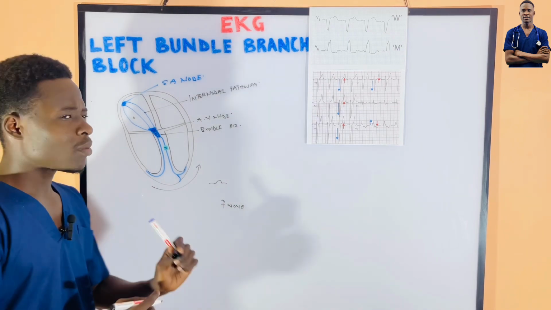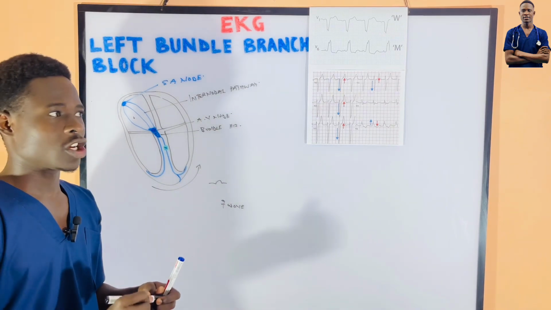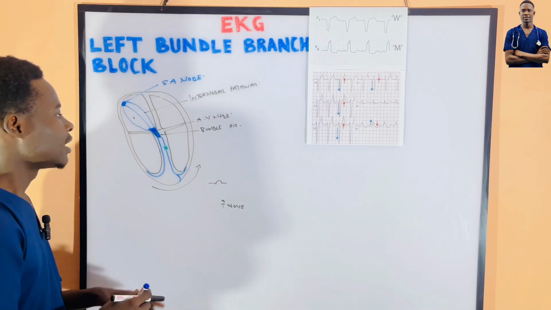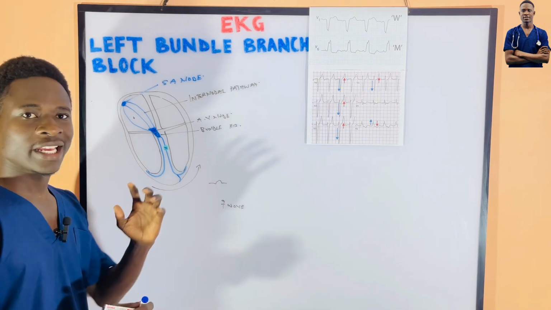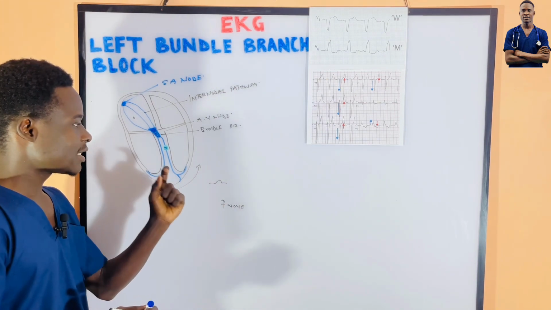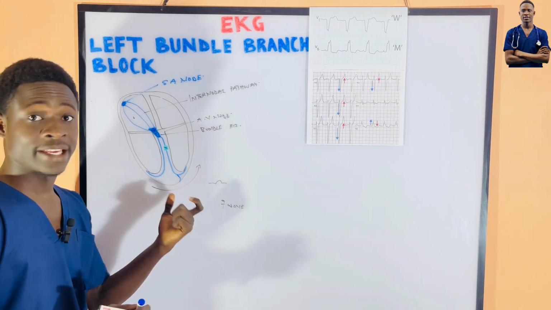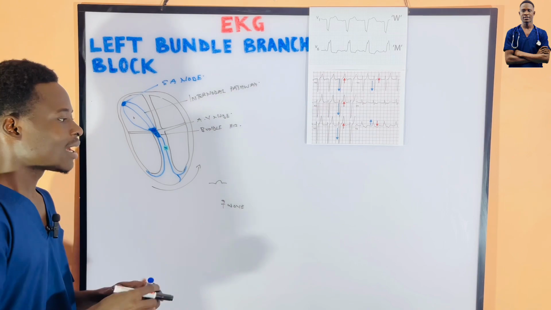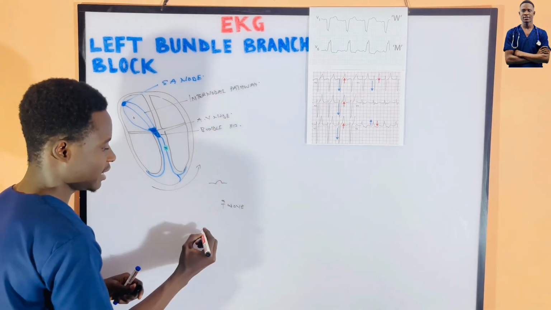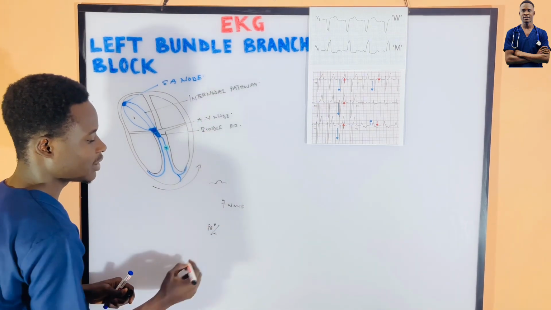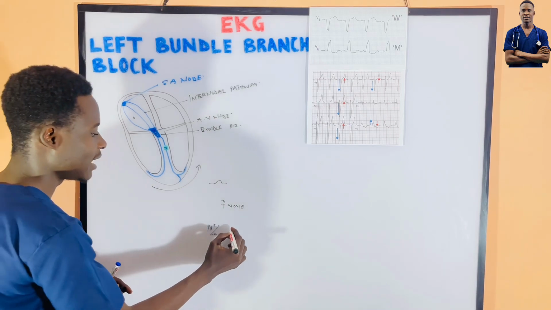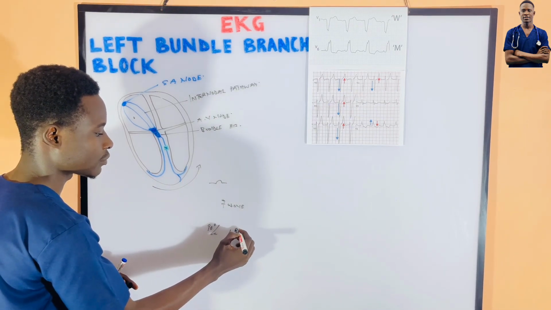Why? From our previous video, if you can remember, I made mention that the depolarization of the septum, which is represented by the Q wave, is 90% done by the left bundle branch.